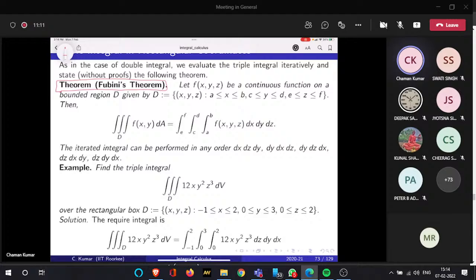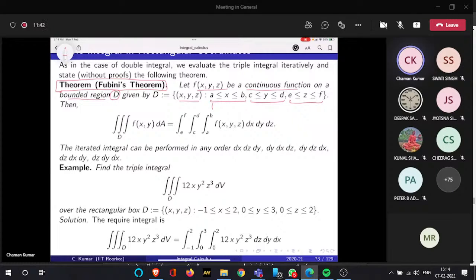Okay, so let f be a continuous function on a bounded domain D, where the domain D is given by all x, y, and z such that x lies in the interval a to b, y lies in the interval c to d, and z lies in the interval e to f.